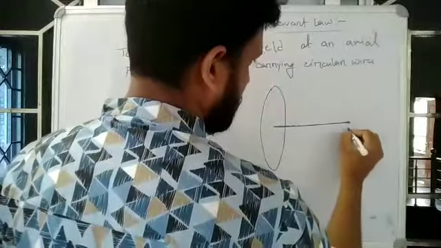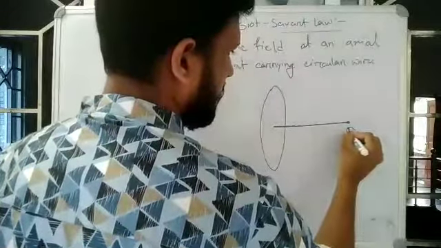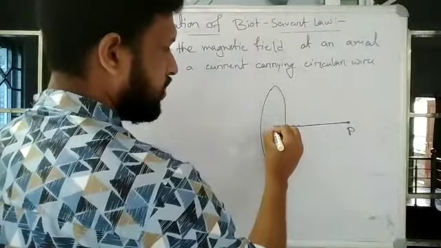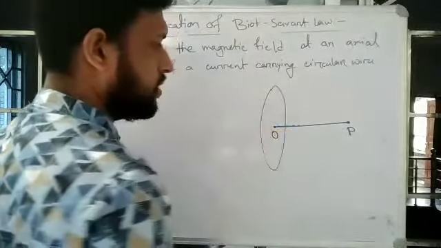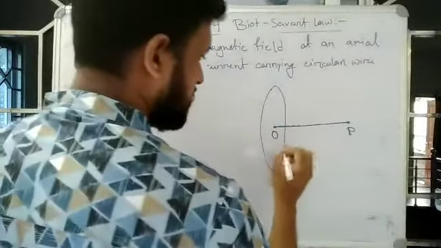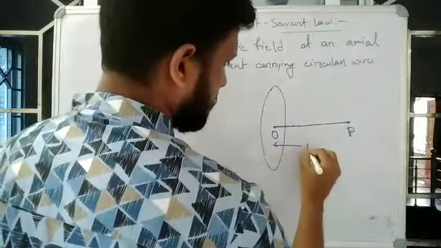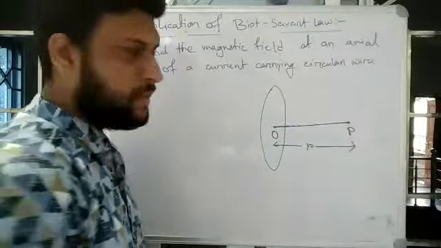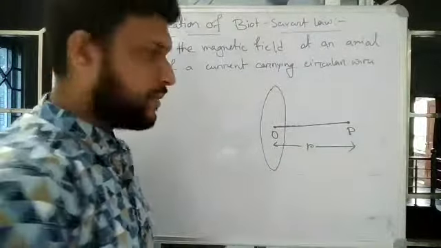Here the point, so this is the point P. Okay, the point P. So the distance of the point from the center is suppose small r. So we need to find the magnetic field at a distance r from the center.